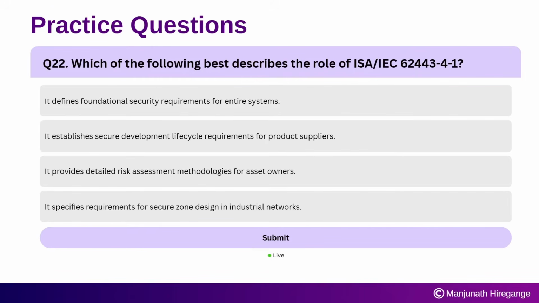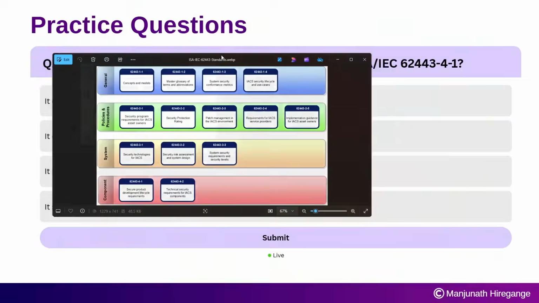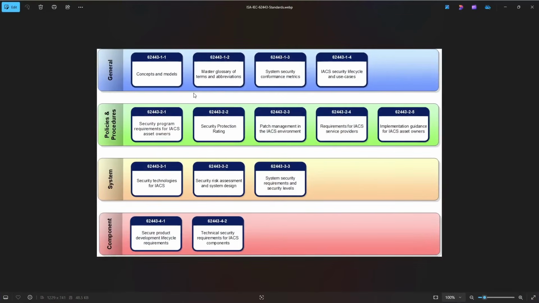I would like to show you this standard, then you can easily. So one hint is, if you remember this entire series of the standards, easily you can answer four questions. You can easily expect. So here they are talking about product development life cycle, right?